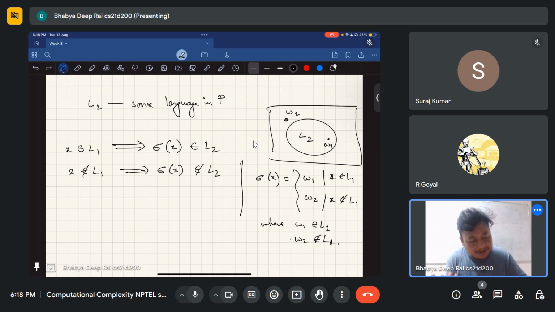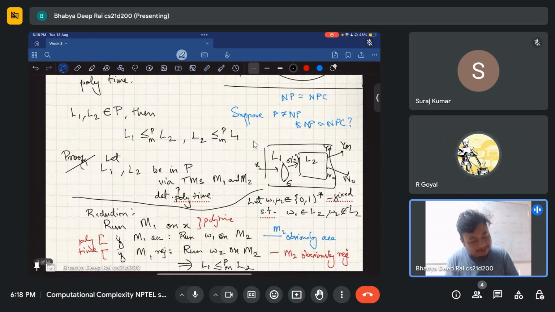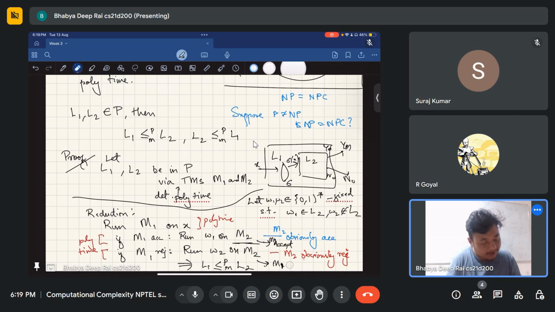But now, whenever M2 says yes, I'm saying yes. If we run M1, then accept. Here M1 accepts, and here M1 rejects. Is this clear?